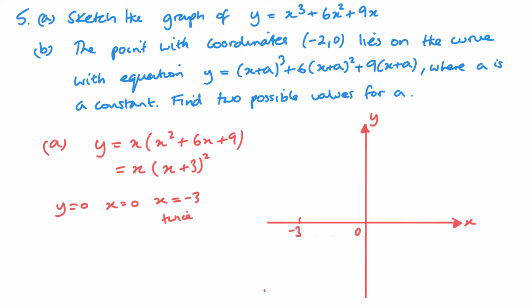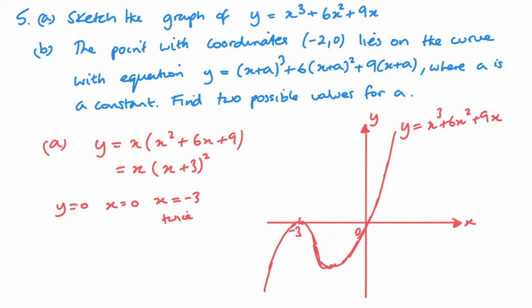It's a positive x cubed graph, so hitting the minus 3, and we have something like this. This is x cubed plus 6x squared plus 9x.